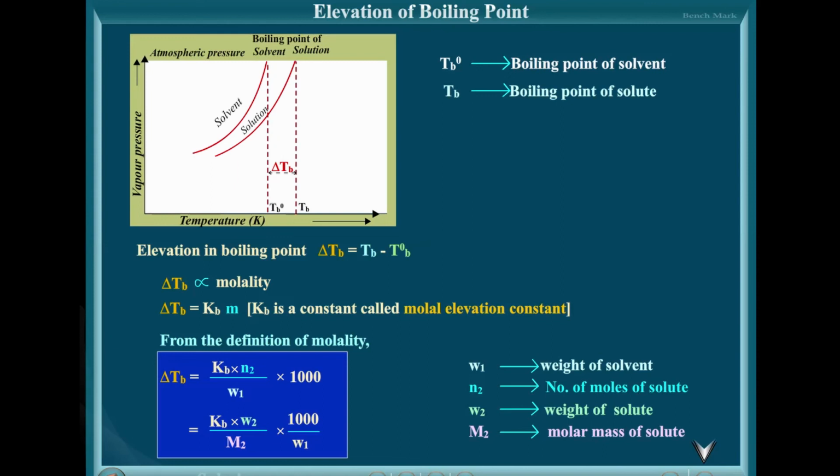From this formula, you can determine the molar mass of the solute. This is the second way of determining the molar mass of an unknown solute from the elevation of boiling point. This formula is also very important for doing problems.